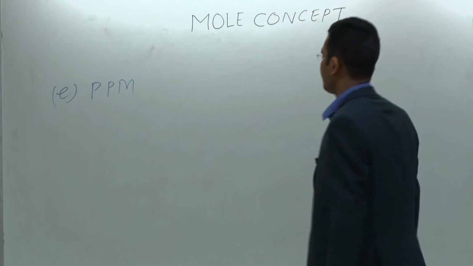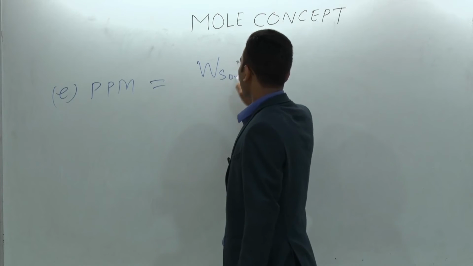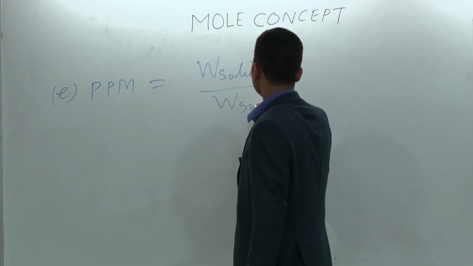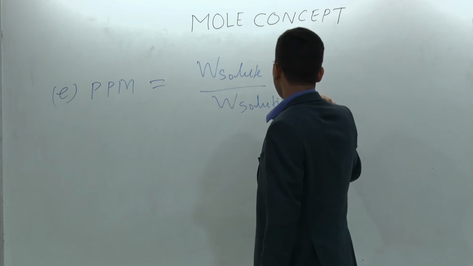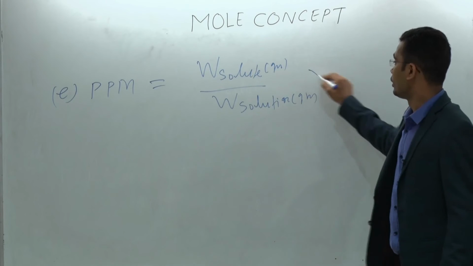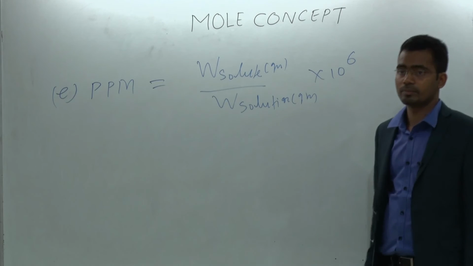That is, ppm is equal to weight of solute divided by weight of solution, either in gram or kilogram, into 10 raised to 6.